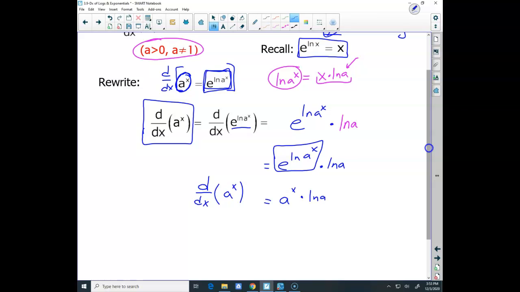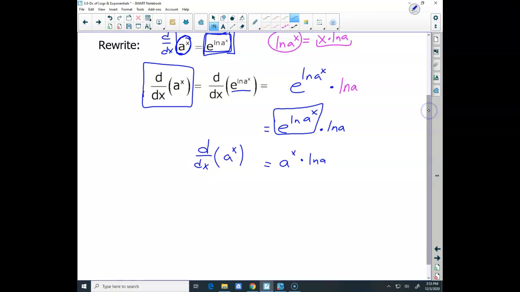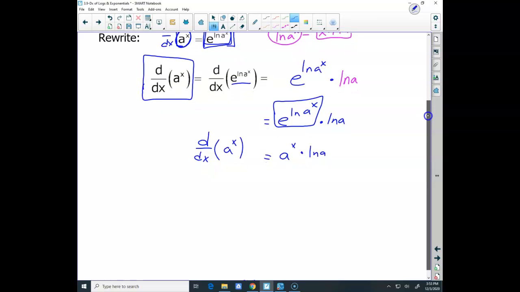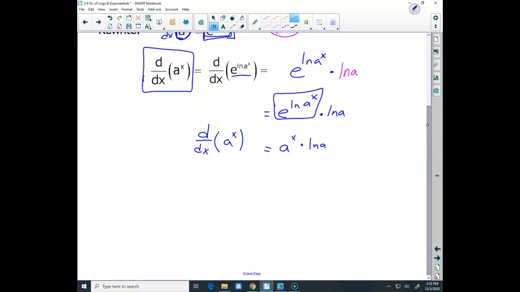All it is, it's the same exponential function I'm looking at, and then it's times the natural log of the base. Example, if I was taking the derivative of 3 to the x power, the derivative of that is going to be 3 to the x times the natural log of the base. It's going to be ln 3, or 3 to the x times ln 3.